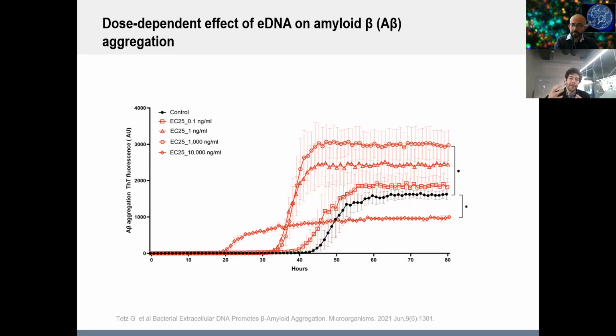That's not a classical A beta, but some sort of intermediate leading to the so-called off-pathway effect on mature fibril formation. And these intermediates are known to possess the highest toxicity.